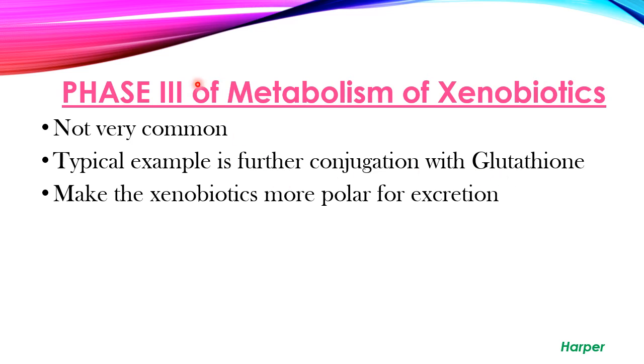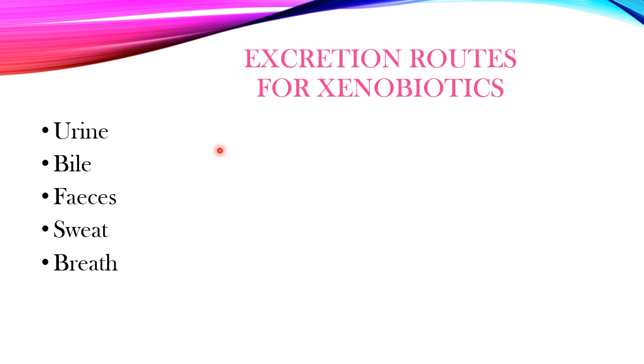The only purpose of phase 3, like I said, is to make your xenobiotic more water soluble, more polar, so that it can be excreted from the body in the least harmful form. Excretory routes through which xenobiotics leave the body include simply urine, bile, feces, sweat, and breath.